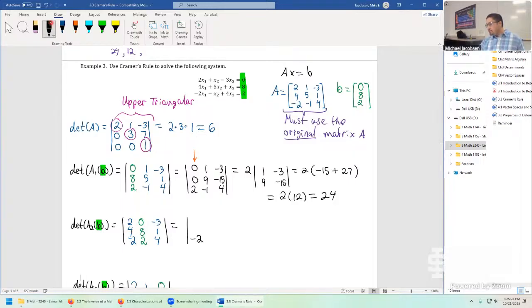So let me copy a -2, 2, 4. I'm going to multiply row 3 by 2, adding it up to row 2, giving us 0, 4 plus 8, so a 12, 8 plus 1 for a 9. Then take row 3, add it up to row 1, and that's going to give us 0, 2, 1. Then same cofactor expansion, if we go down column 1, we'll have positive, negative, positive.